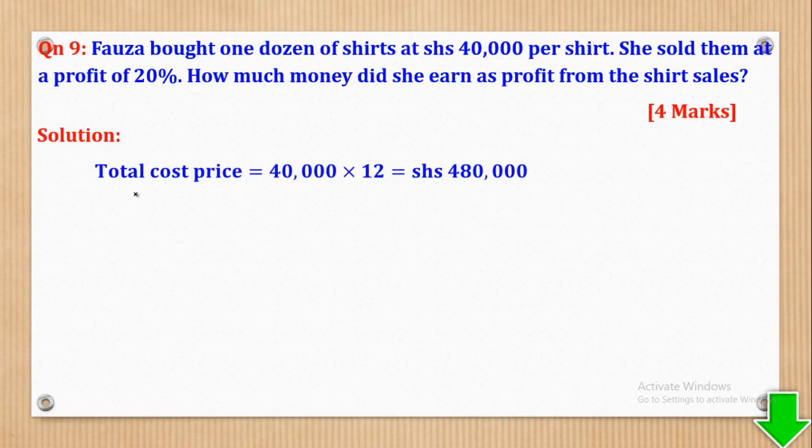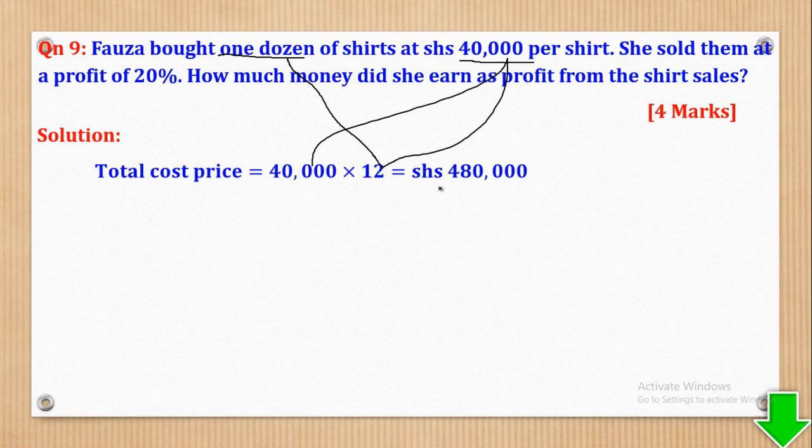So we shall say that the total cost, remember they said she bought a dozen. Dozen means 12, and each shirt was costing 40,000. So to get the total cost price, we shall say 40,000 for each shirt multiplied by 12, because it was a dozen.